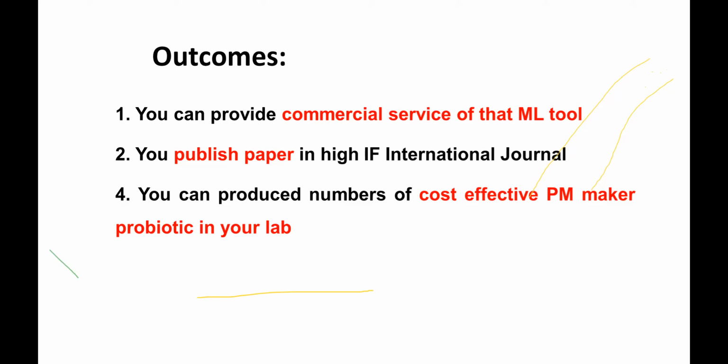Secondly, for students, you can publish your paper in a high impact factor journal. And if you are in research, you can produce a number of cost effective, target based probiotics in your lab, because with the help of machine learning, you can easily identify different types of unique bacteria, improving quality control.